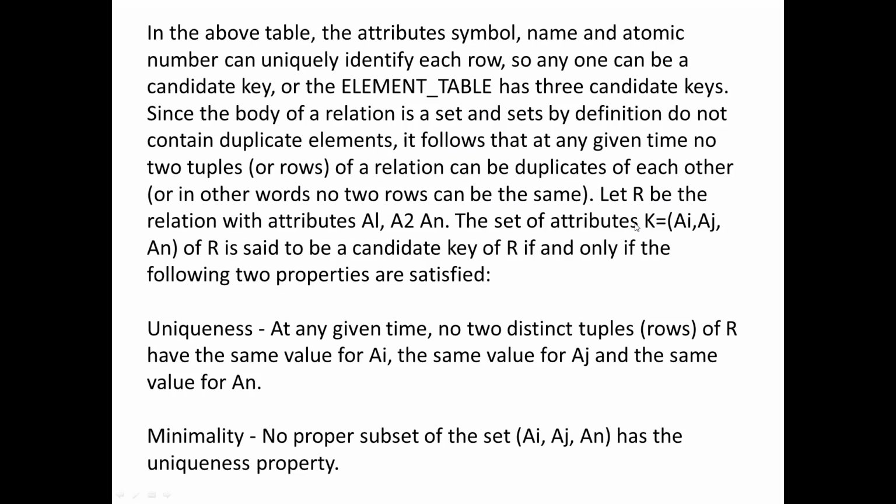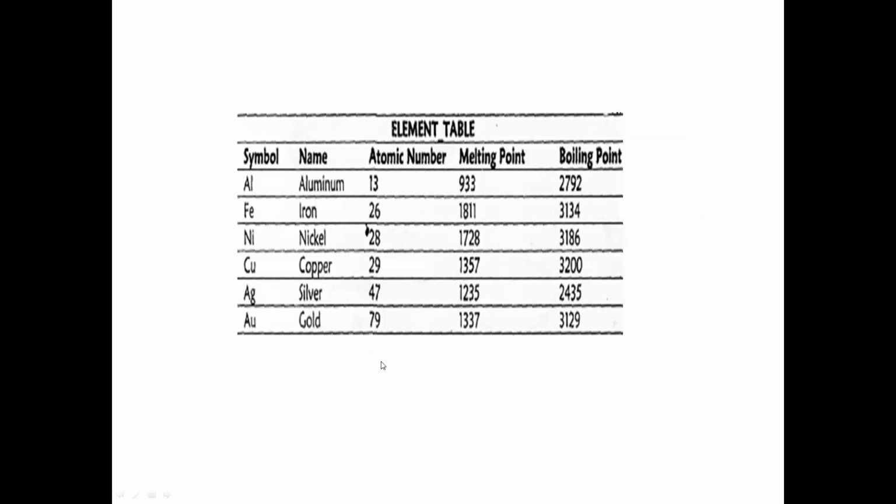Let R be the relation. That means let R be the name of the table with attributes A1, A2 till AN, right? A set of attributes of a table is said to be a candidate key of R if and only if, number one, at any given time, no two distinct tuples of R have the same value for AI.